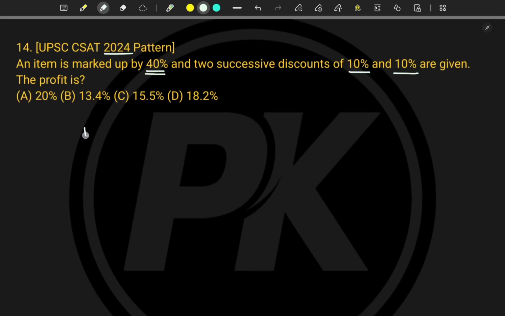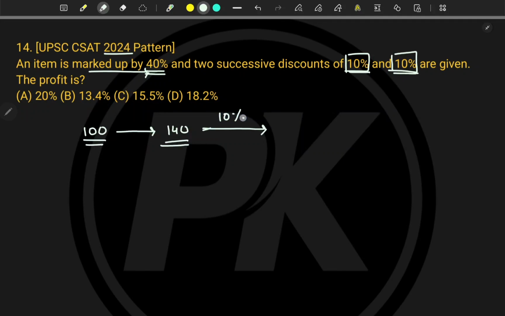Let's say the cost price of an item was 100 rupees and it was marked up by 40 percent. That means the marked price is 140 rupees, and on that we have given two successive discounts of 10 percent and 10 percent, right?